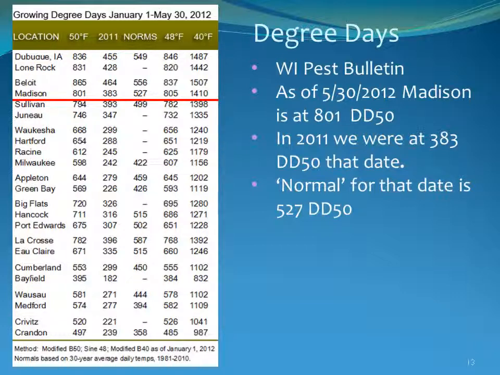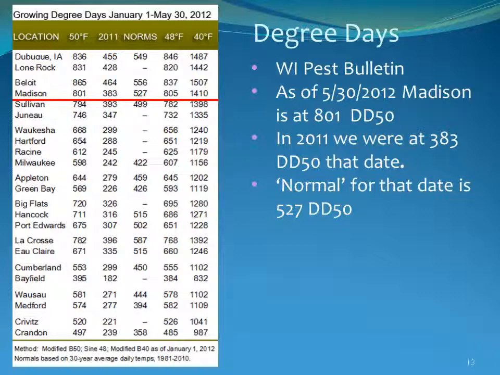Now, if you contrast that to the year before, 2011, we were at 383 degree days. And the normal for that date is about 527. So you can see we were quite a bit ahead last year, which I'm sure will come as no surprise to anybody. And they also have two columns that show if you're using the base of 48 or 40, you can see what the numbers were.